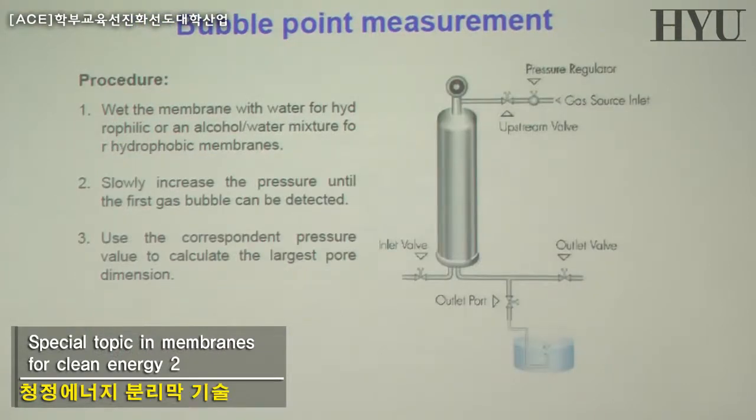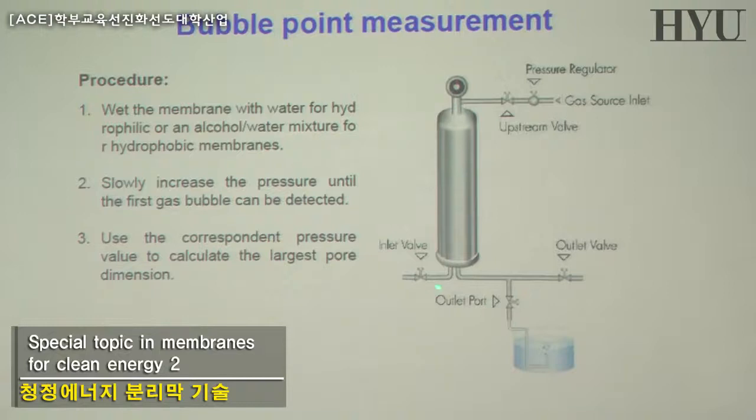The bubble point method uses this type of schematic container test here, where we have a liquid and gas coming in, and you put the membrane on the bottom of the valve, and measure the gas. First of all, we wet the membrane with water for hydrophilic membranes, or an alcohol-water mixture for hydrophobic membranes, and then increase the pressure.